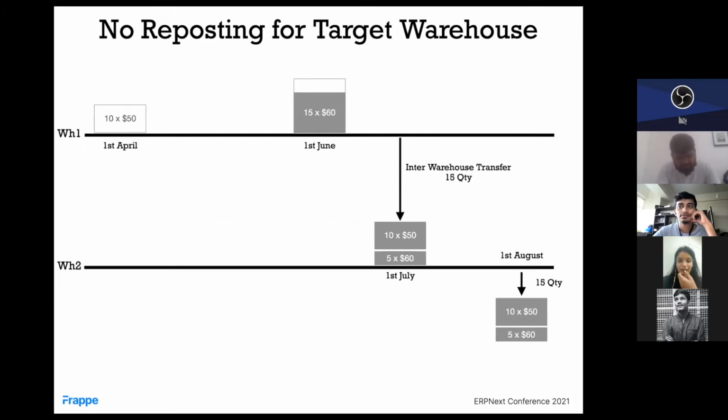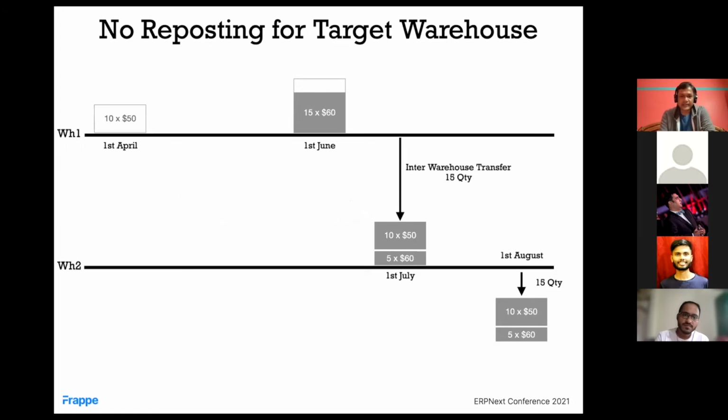The first issue is related to the stock ledger and backdated entries, when there is an inter-warehouse transfer in the future. Let's take the same example which Rohit explained earlier.